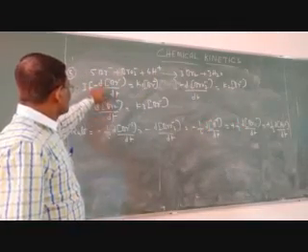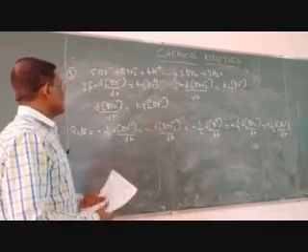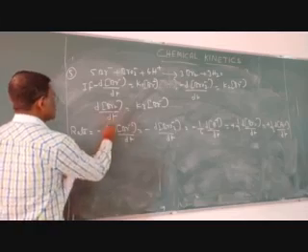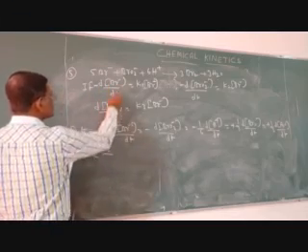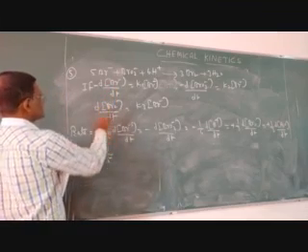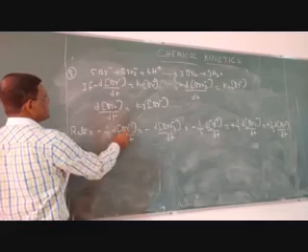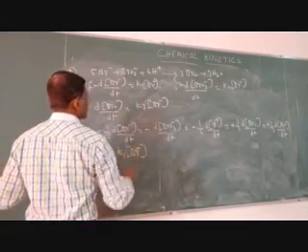Here, minus d[Br minus] by dt is equal to how much? K1 [Br minus]. Therefore write 1 by 5, this term is 1 by 5, times minus d[Br minus] by dt, which equals K1 [Br minus].